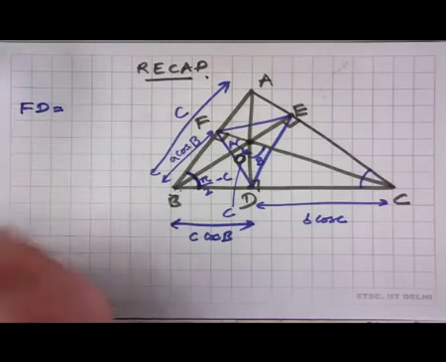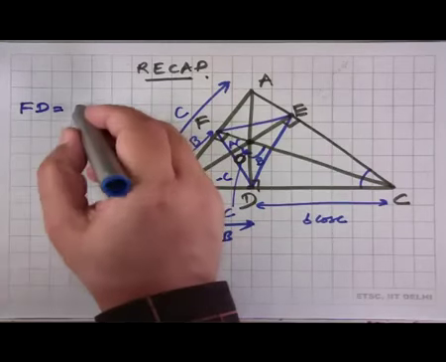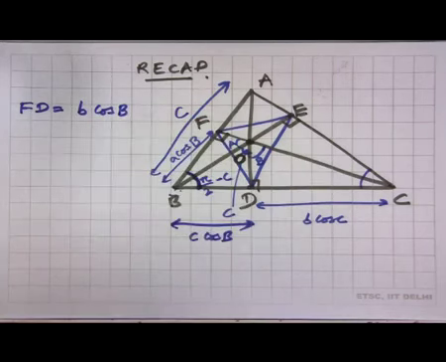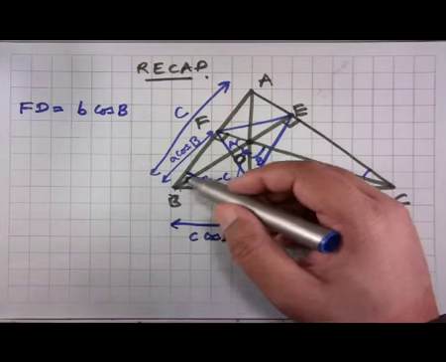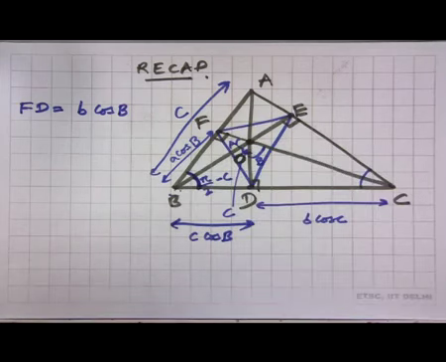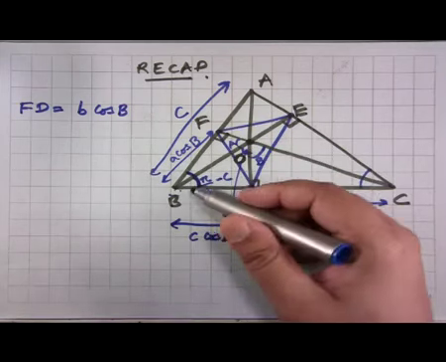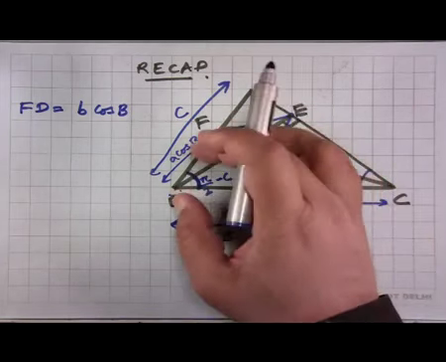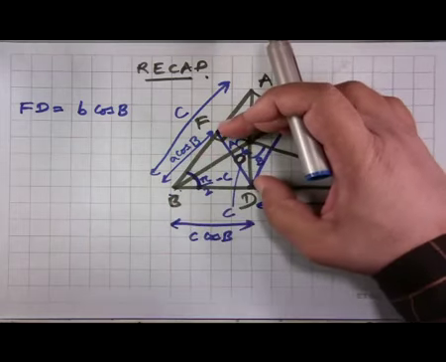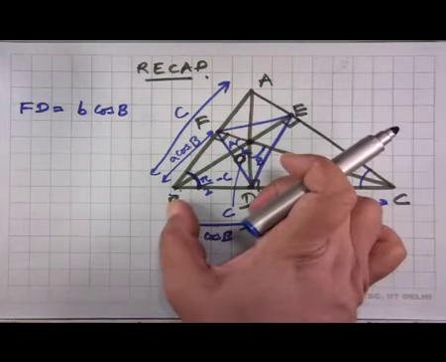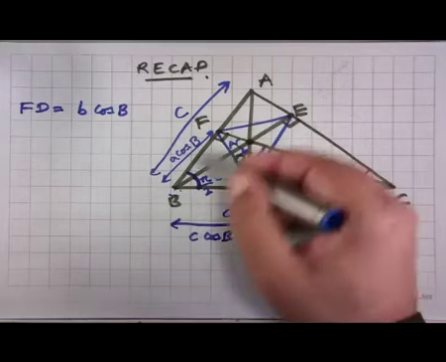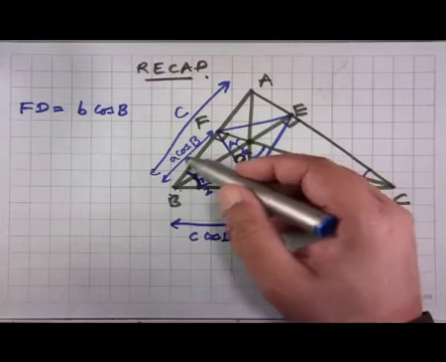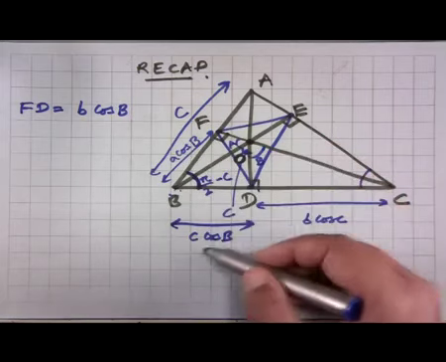FD is equal to b into cos B, and from there, if you look at this triangle BFD, then we see that all the sides, for example, this side is a times cos B, this side is b times cos B, and this side is c times cos B. So essentially this triangle is similar to the triangle ABC because we are just multiplying all the sides by cos B everywhere.